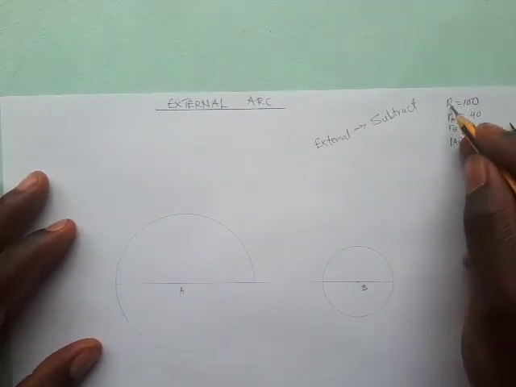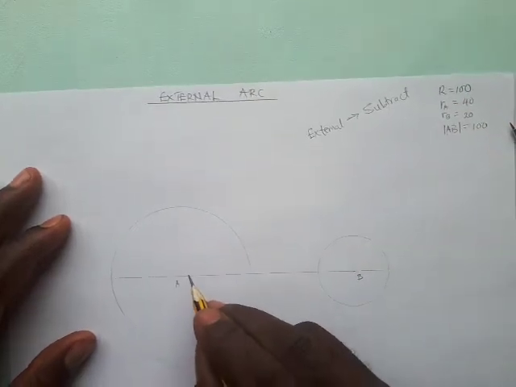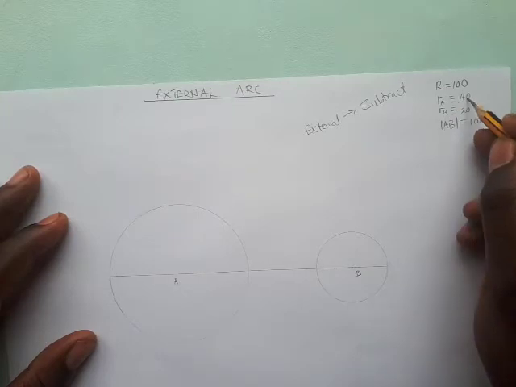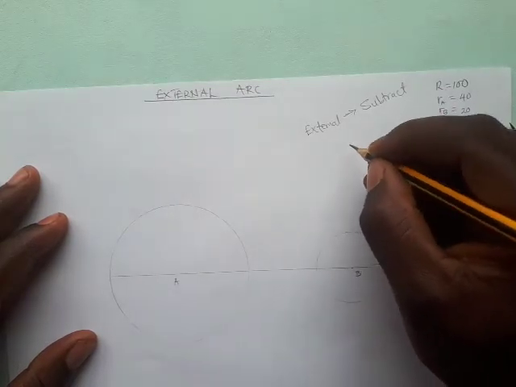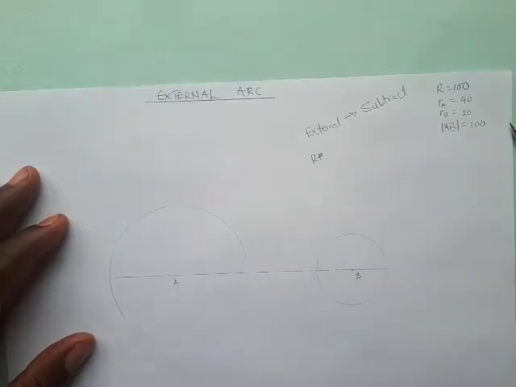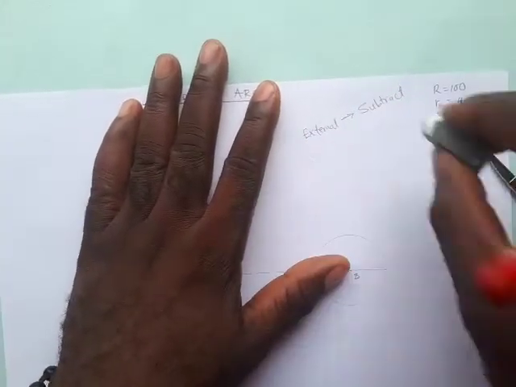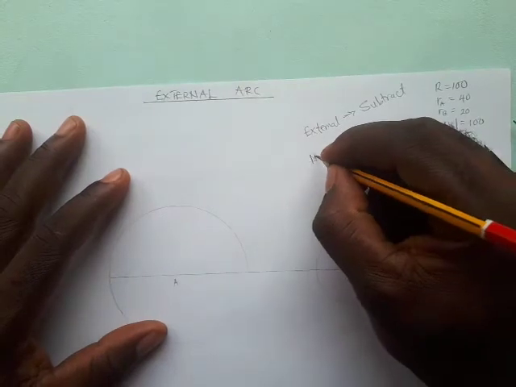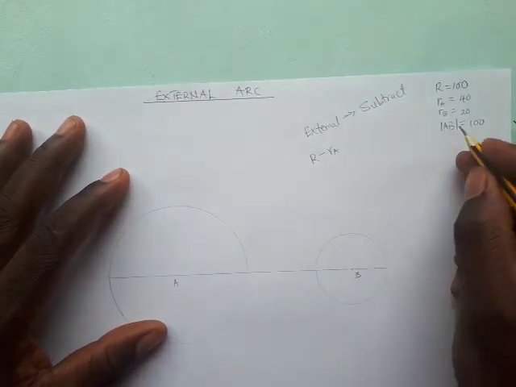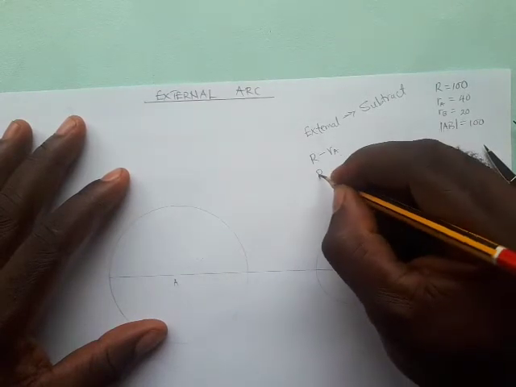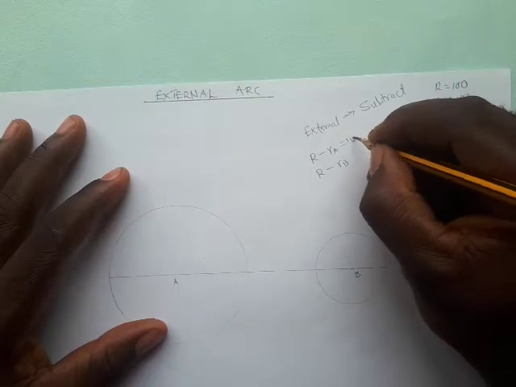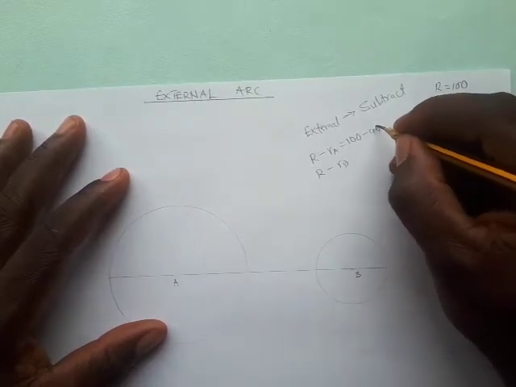So R now for center A, that is the bigger circle with radius what? 40, is going to be what? R plus what? Sorry, we are subtracting. R minus RA. Then for this one is what? R minus RB.